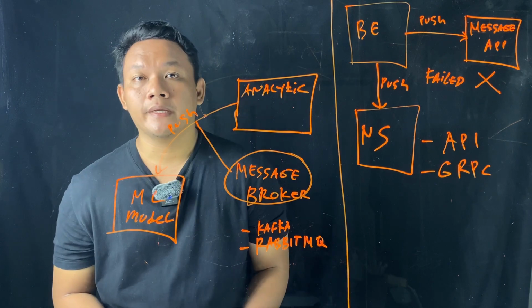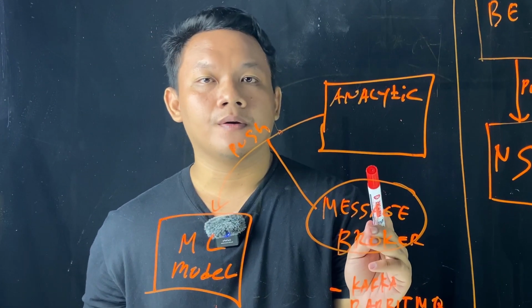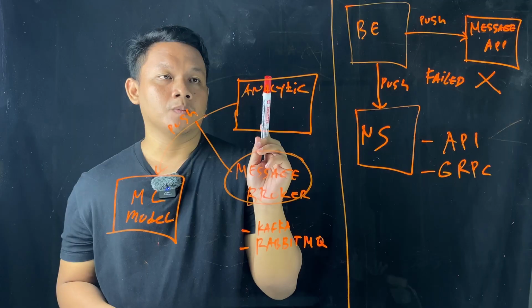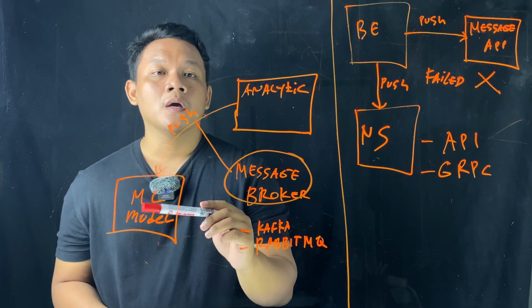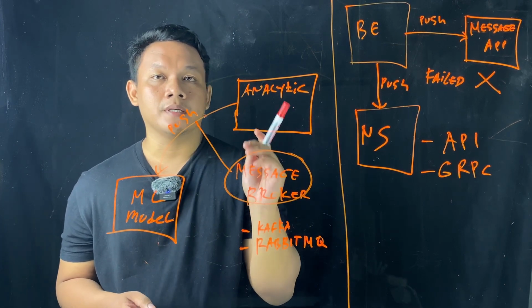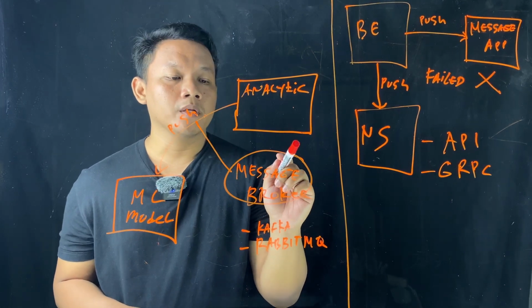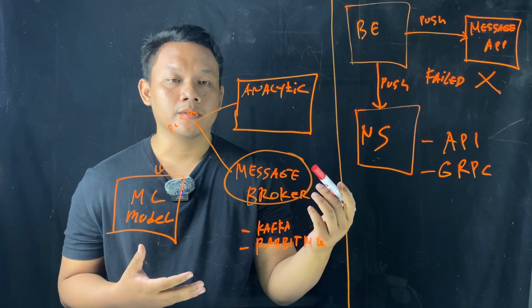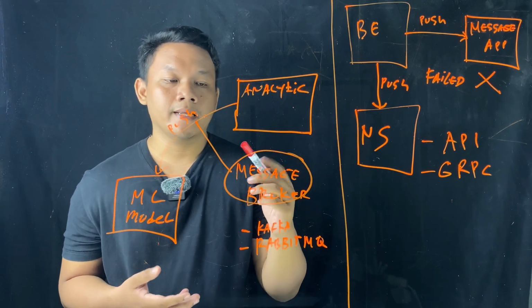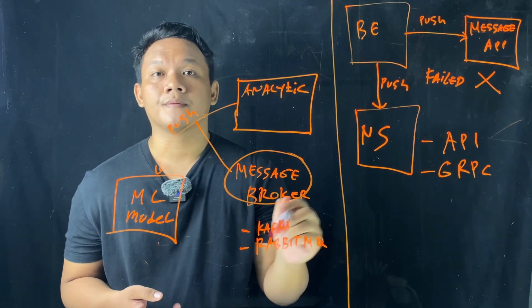Our favorite way to do event-driven architecture is the way shown in this diagram. Between the two services, analytics and machine learning model, we will have another service in between them. This is what we call the message broker. Normally we will use Kafka if there is a lot of big data to send, or for less data we prefer to use RabbitMQ as the message broker.